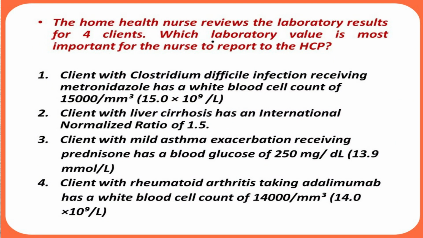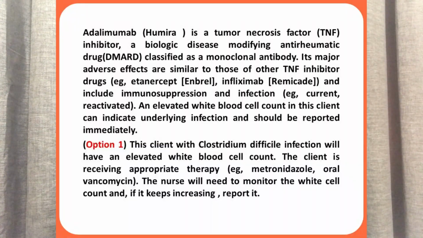So out of this, which option should the nurse inform to the healthcare provider based on the connection between the medicine and its laboratory value? The first option says the client with the Clostridium difficile infection receiving metronidazole has a white blood cell count of 15,000. While seeing this WBC count, we know that it is slightly elevated.